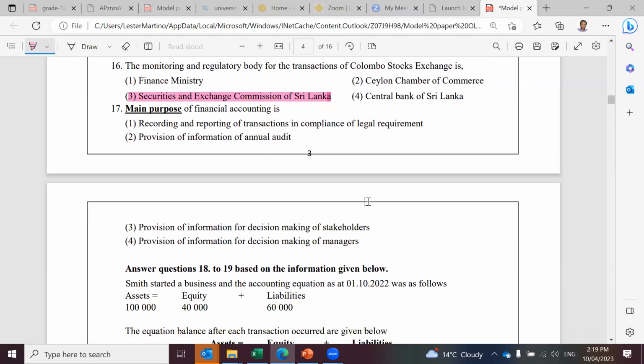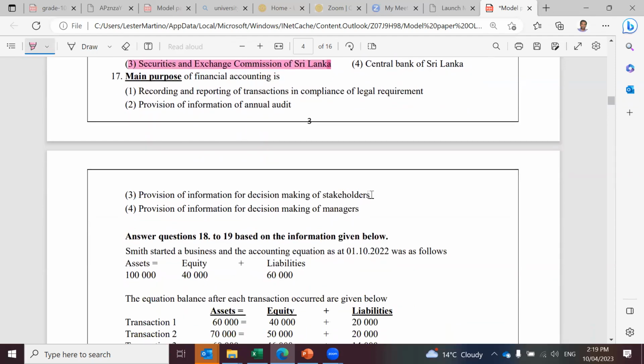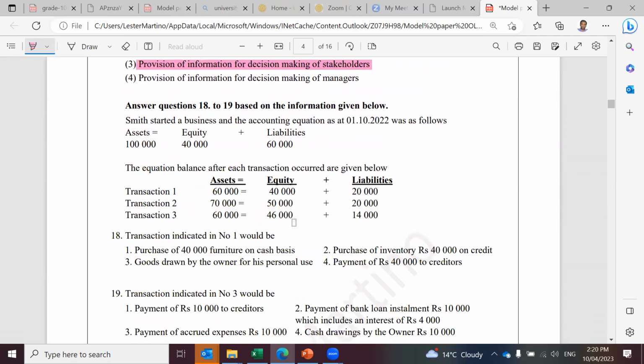Main purpose of financial accounting: it's the provision of information for decision making of stakeholders.